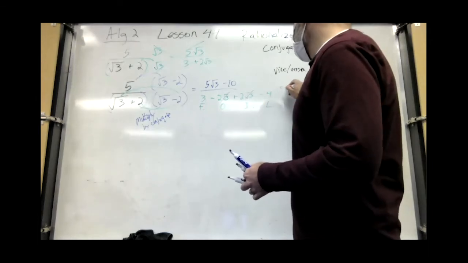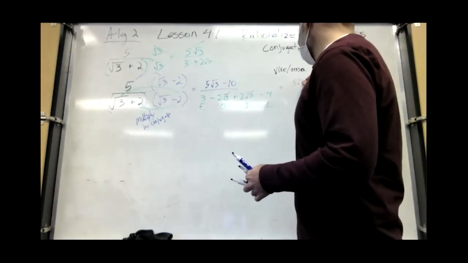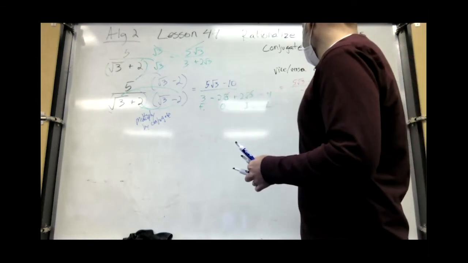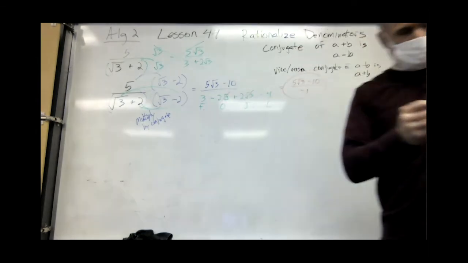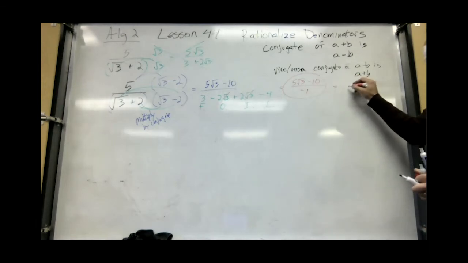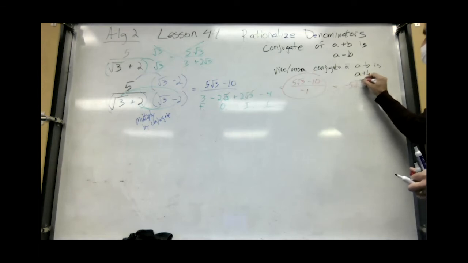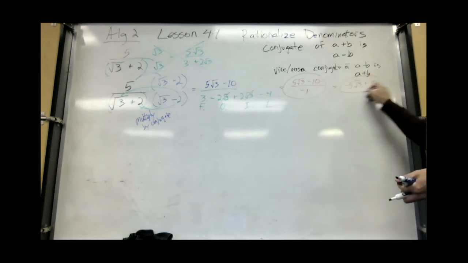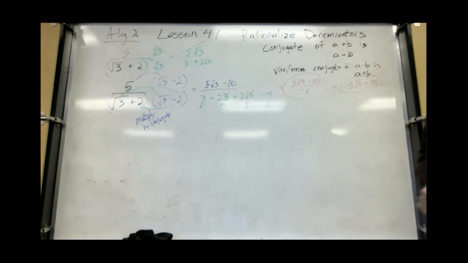So then you get 5 radical 3 minus 10 all over 3 minus 4, which is negative 1. That's nice. But then if it's divided by negative 1, technically the better way to write this is negative 5 radical 3 plus 10, or 10 minus 5 radical 3. That worked out real nice.